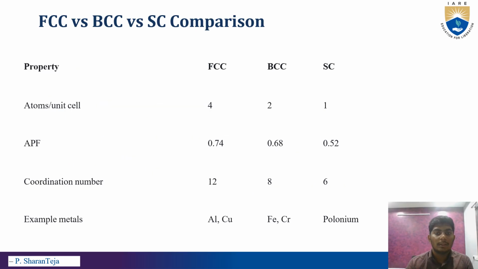FCC versus BCC versus HCP. Properties of FCC: APF is equal to 0.74, ductility is very high in FCC metals, slip systems in FCC are 12, density is high, and cold brittleness is none. Properties of BCC: APF is equal to 0.68, ductility is medium, and slip systems are 48 but inactive at low temperatures.